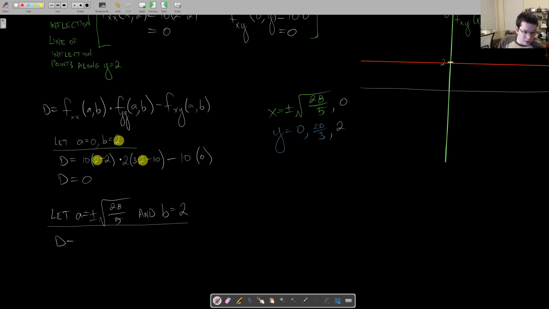Then d equals, and I need to probably note this one as well, 10 times 2 minus 2 times 2 times 3 times 2 minus 10 times the plus or minus square root of 28 over 5.